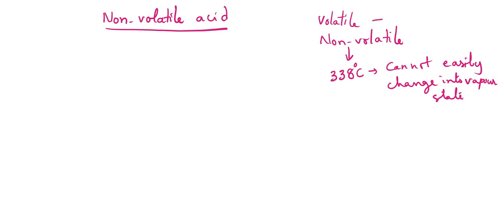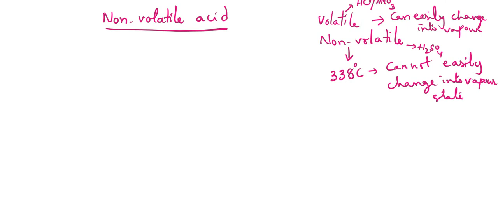The substances that can easily change into vapor state are called volatile substances. The substances that cannot easily change into vapor state are called non-volatile substances. Sulfuric acid is a non-volatile acid, whereas hydrochloric acid and nitric acid are volatile acids.